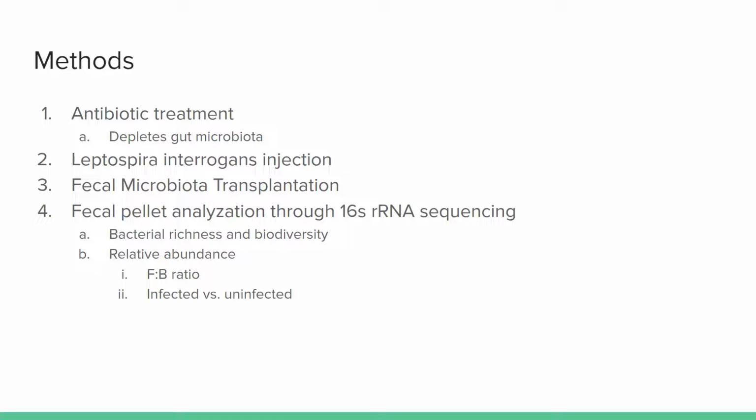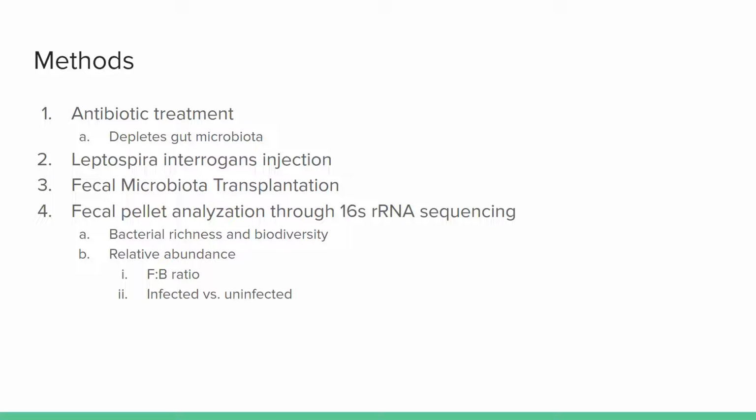The antibiotic treatment of the first infected group lasted for 3 weeks. They put antibiotics in the drinking water to deplete the gut microbiota, and then they were taken off of the antibiotic treatment. And 2 days after being taken off of the antibiotic treatment, they were injected with leptospira interrogans.